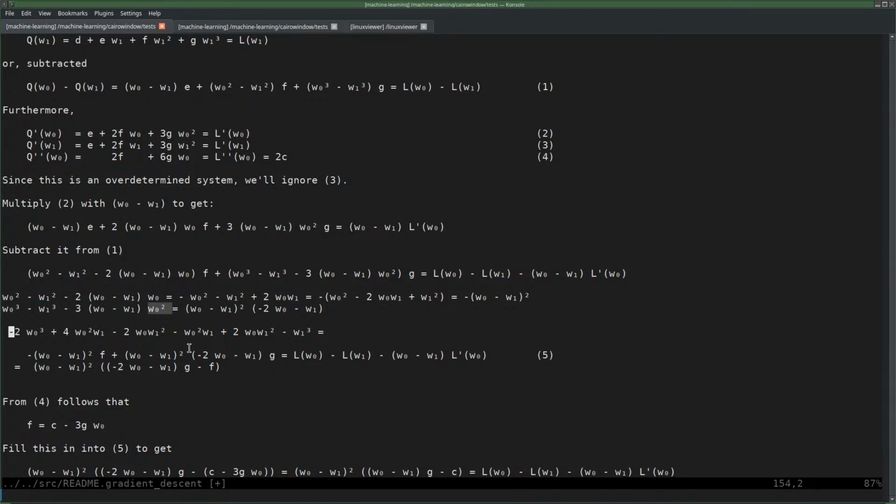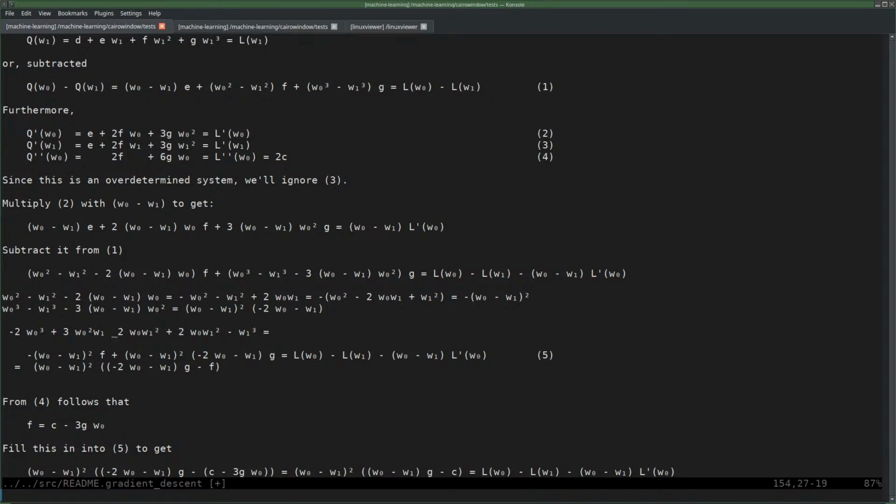Let's combine a few things though. This is W0 squared times W1, and I have that here as well. So we can subtract that, and then we get a 3 here. And this one goes away. And this is W0 times W1 squared, which is minus 2 and then plus 2.